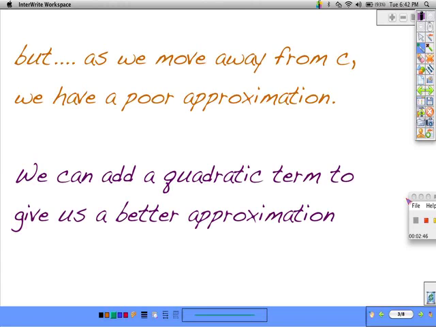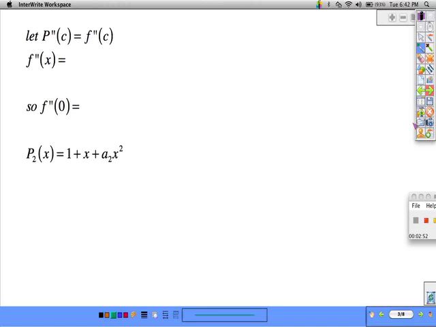To give our approximation a little bit of curvature, we can add a quadratic term to give us a better approximation. So now we're going to say that the second derivative of each of these is equal to each other evaluated at c. So the second derivative of function f is e to the x still. So f double prime evaluated at 0 is equal to 1 still. So my second polynomial will be 1 plus x, that's the linear piece, plus a constant times x squared.